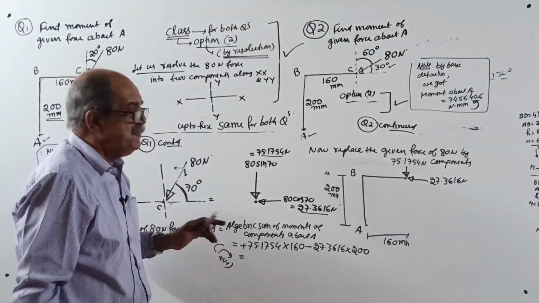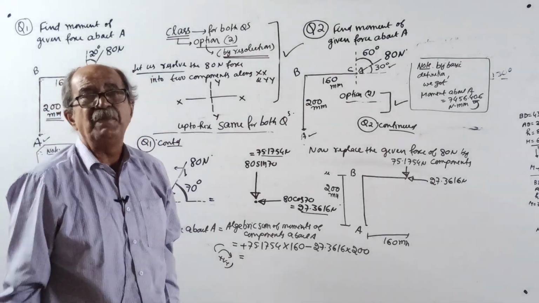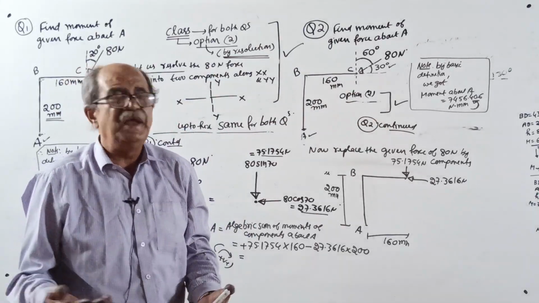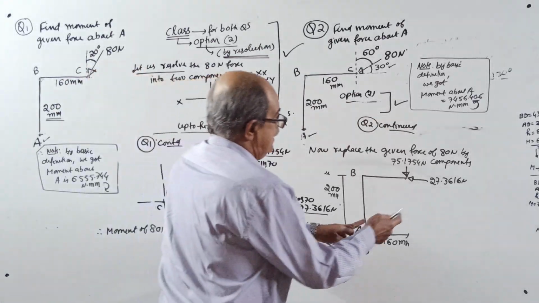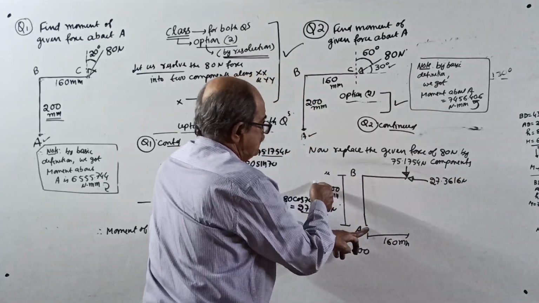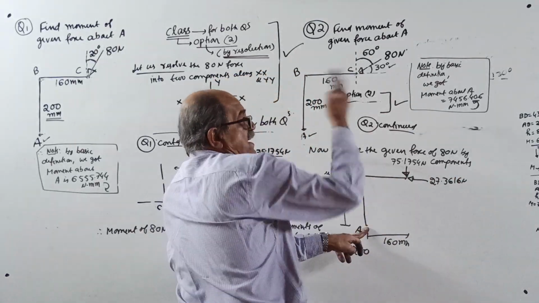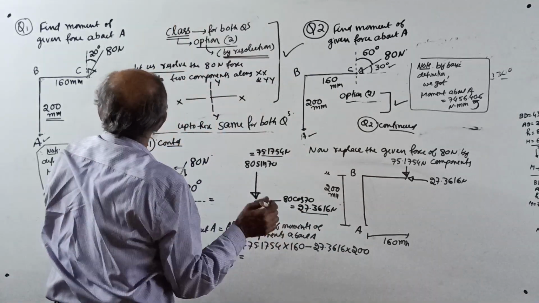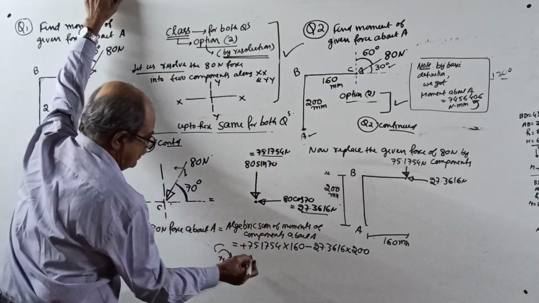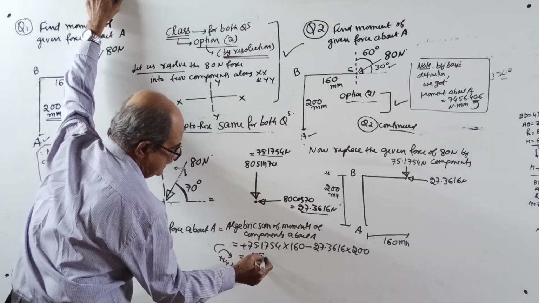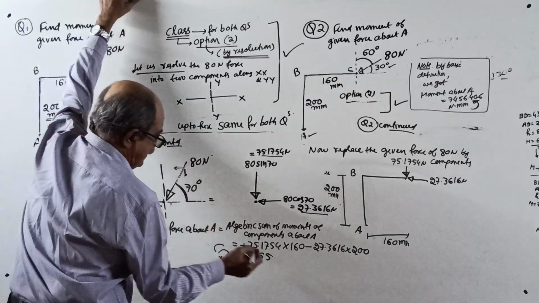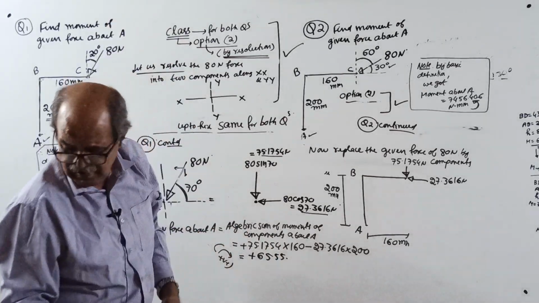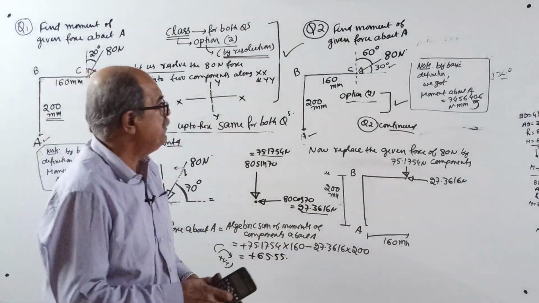When you go for an algebraic sum, you require sign. Remember, make a note. This all will come in the further classes, but people already know it. Clockwise plus. Then 27.3616 into 200 is anti-clockwise, minus. When you calculate these two, I am so sure the answer will come plus 6555 point something. Maybe the decimal may change because of approximation.